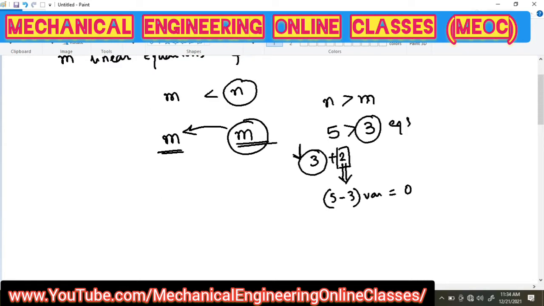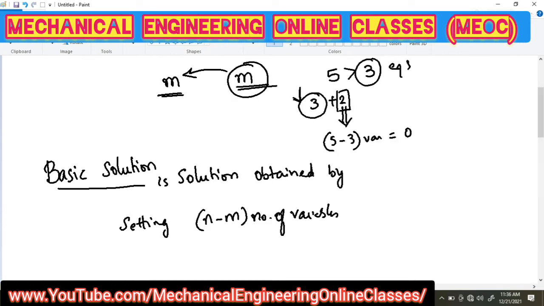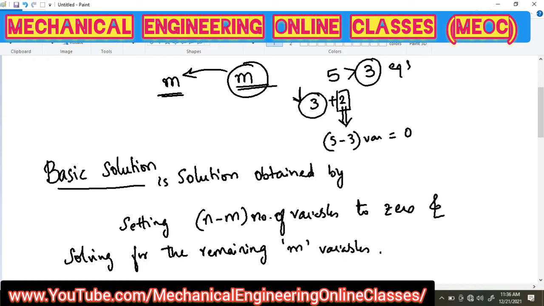So a basic solution is a solution obtained by setting n minus m variables to 0 and solving for the remaining m variables. The solution obtained in this fashion is called a basic solution.